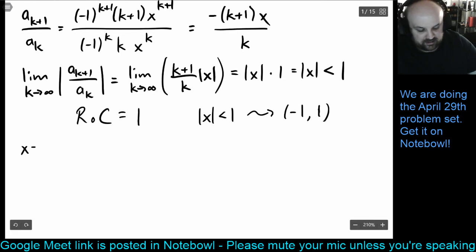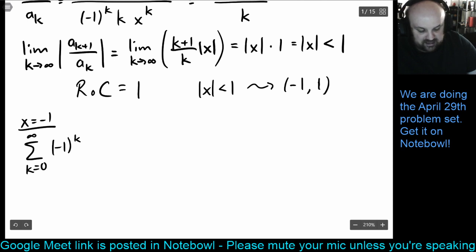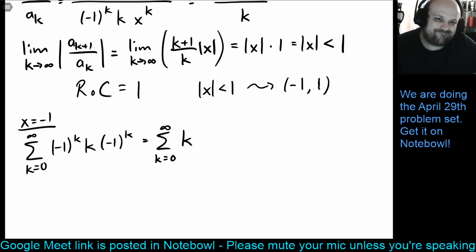Let's check at the left endpoint. When x is negative 1, this is the sum from 0 to infinity of (-1)^k times k times (-1)^k. So this sum is literally just the sum from 0 to infinity of k. Now, this one kind of obviously diverges, because we're going to add 0 plus 1 plus 2 plus 3 plus 4 plus 5, and where do you think that's going to end up eventually?